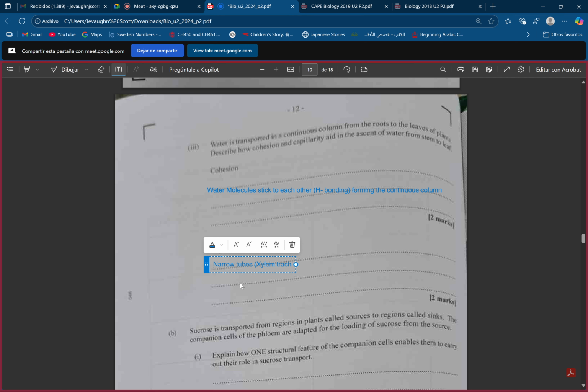Tracheids, depending on how the person pronounces it. That is how it's spelled. Right, so it allows water to rise against gravity due to what? Adhesion. Due to surface tension.